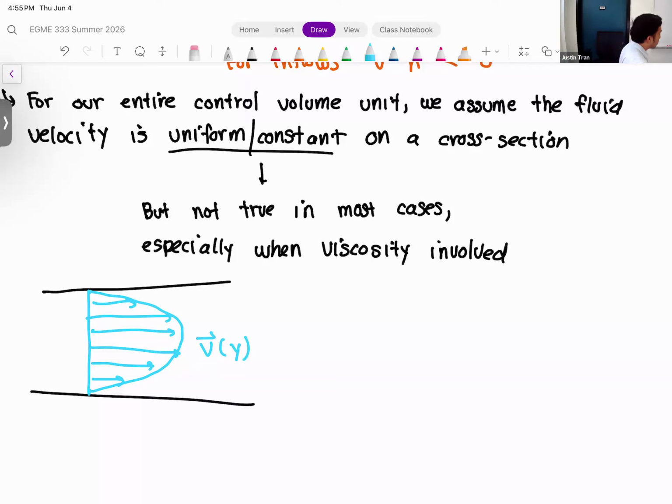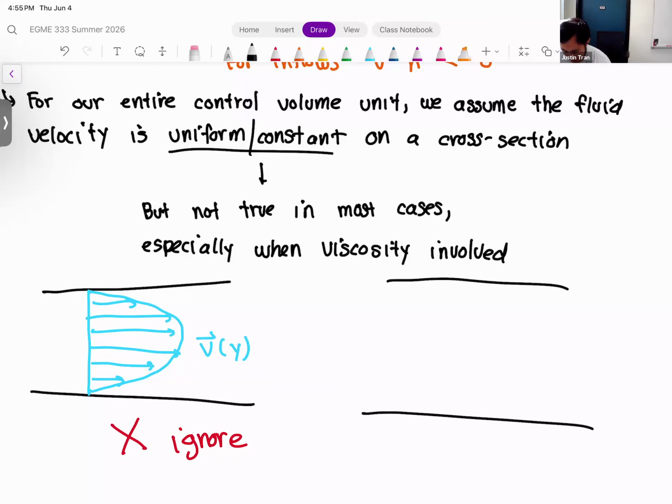Right. So velocity is not a constant value. It actually varies with space. Okay. So we're ignoring that. We're not considering differences in space. Okay. Right. So what we're doing instead, just so that you're aware, is we're assuming that across a cross-sectional area, the velocity is constant across the entire area.